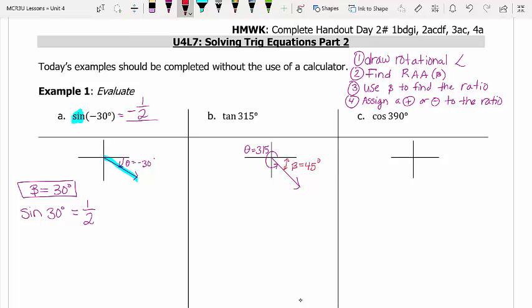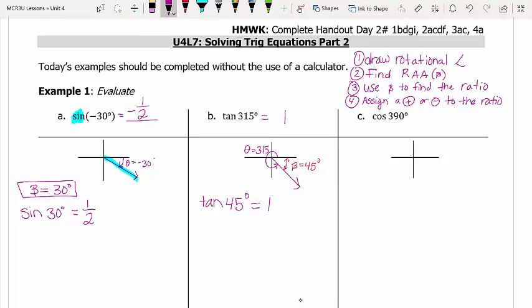Step 3, use that related acute angle to find the value of the ratio. So tan of 45 degrees is equal to 1, and we know that using our special triangles. So we know our ratio is equal to 1.